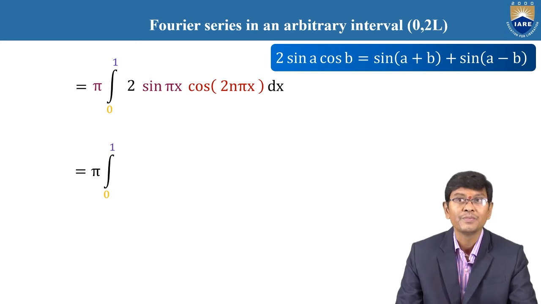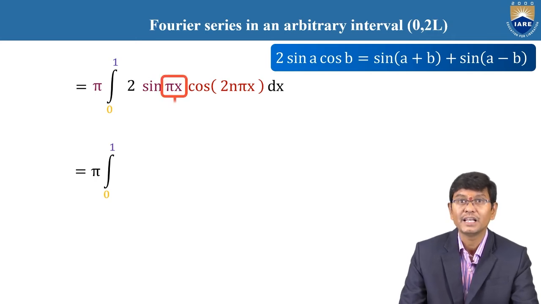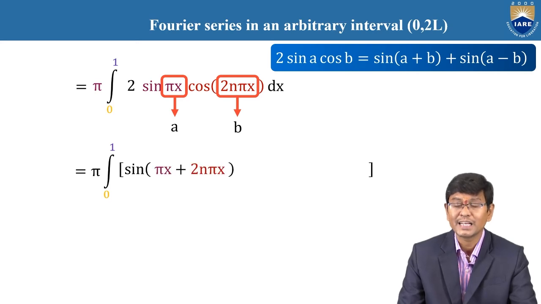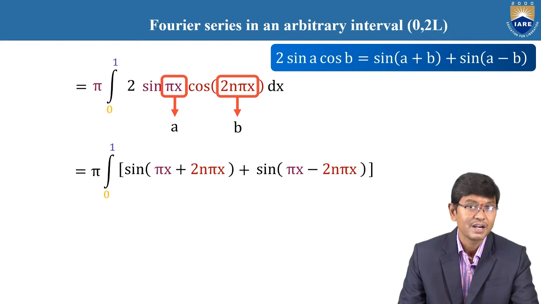Replacing here, we have π into integration of 0 to 1, where a is equal to πx and b is equal to 2nπx only. Therefore, sin of a plus b is sin of πx plus 2nπx, plus sin of a minus b, which is sin of πx minus 2nπx, into dx.